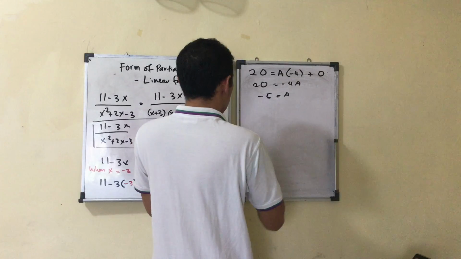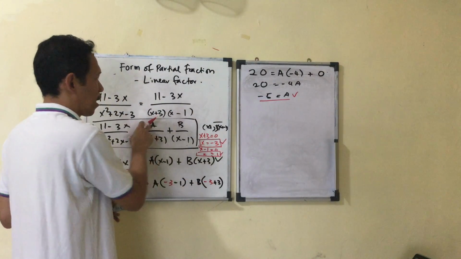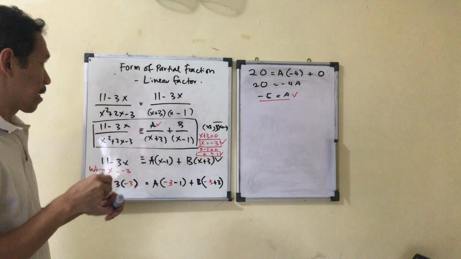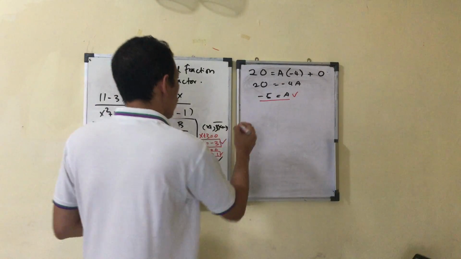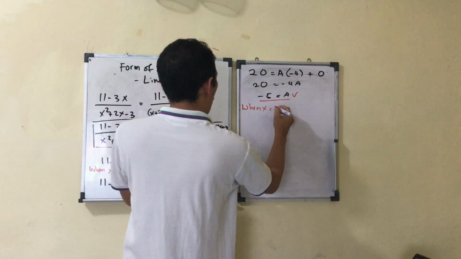So A is equal to negative 5. Then let's have a look at the other one, when x is equal to 1.